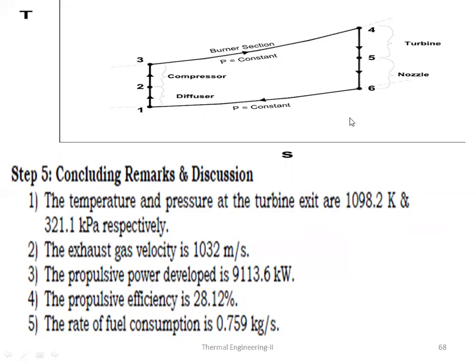We calculated 1032 meters per second. Next, what is the propulsive power? We calculated 9113.6 kilowatts, and propulsive efficiency 28.12%. And lastly, the rate of fuel consumption is 0.759 kg per second. So these are the determined values in the problem. Thank you.